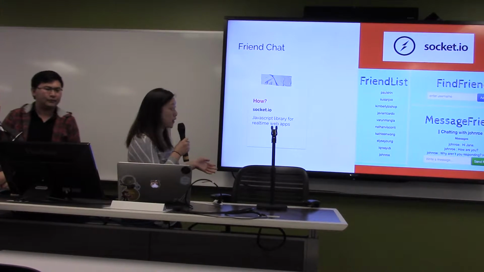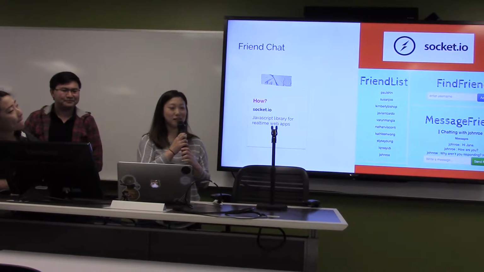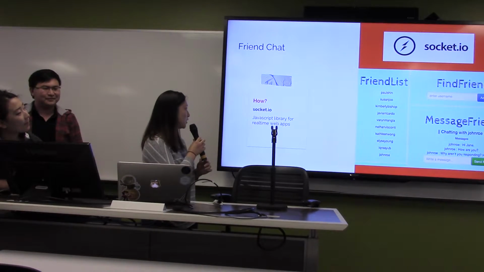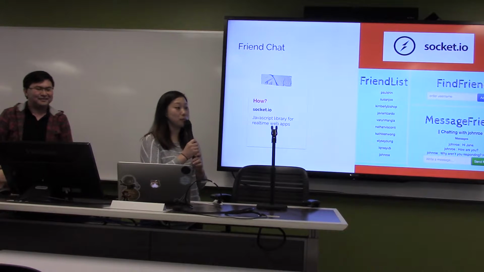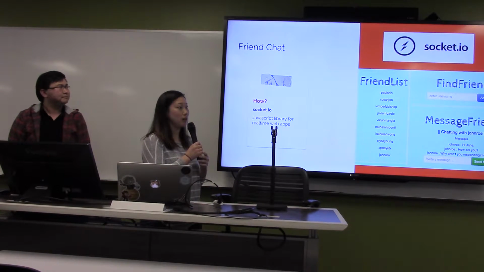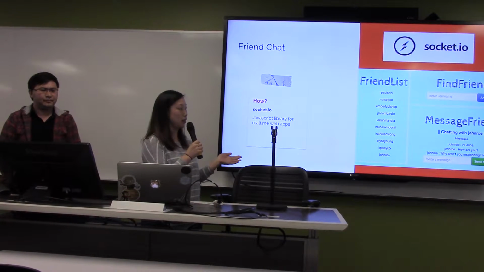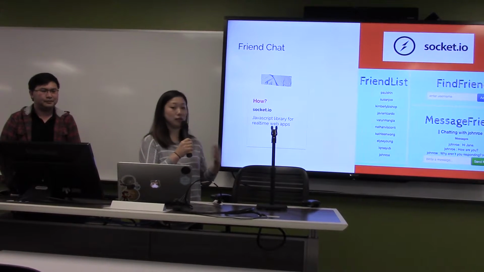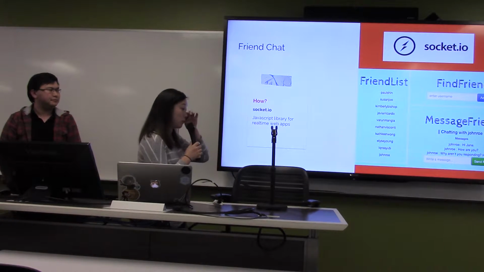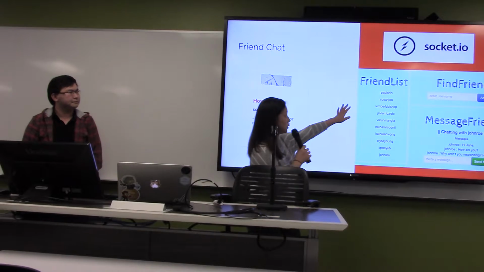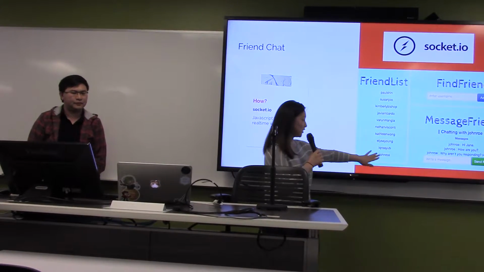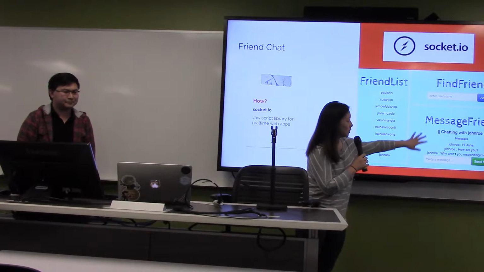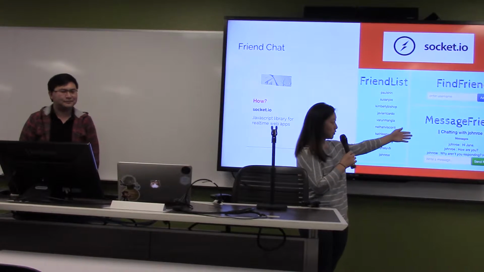For the chat page, we use Socket.io. It sounds like a lot of you guys use this technology, but it's a JavaScript library for real-time web apps. It allows you to easily communicate messages from the server to the client. So for example, if I wanted to talk to John Rowe, which we did earlier, you click on John Rowe, and then this component would update to show that you're chatting with John Rowe.